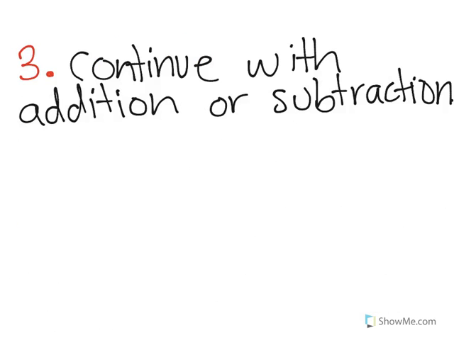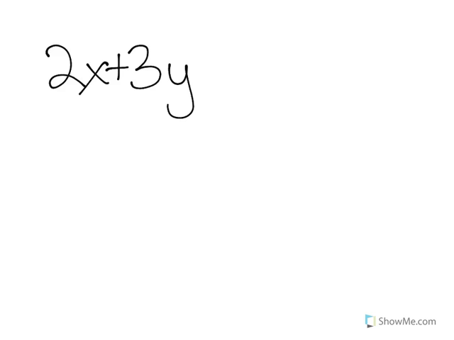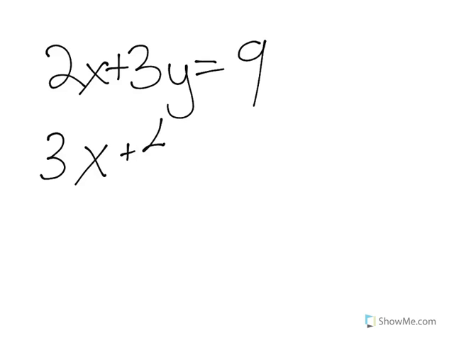However, you might encounter some issues where you might find maybe these equations right here: 2x plus 3y is equal to 9, and 3x plus 4y is equal to 12.